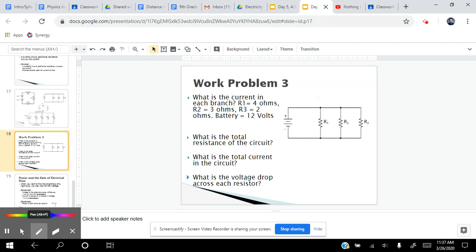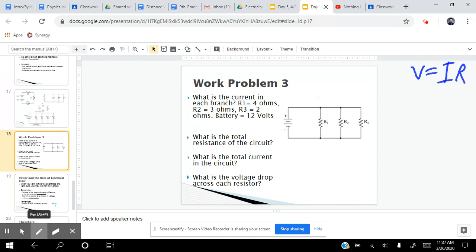What you really have to keep separate are some of your rules. Within a parallel circuit, the voltage is the same in every branch, and within a series circuit, your current is the same in every branch. Keeping those rules separate is the tricky part, but we're always going to be using V equals IR. Okay, so the first one says, what is the current in each branch?